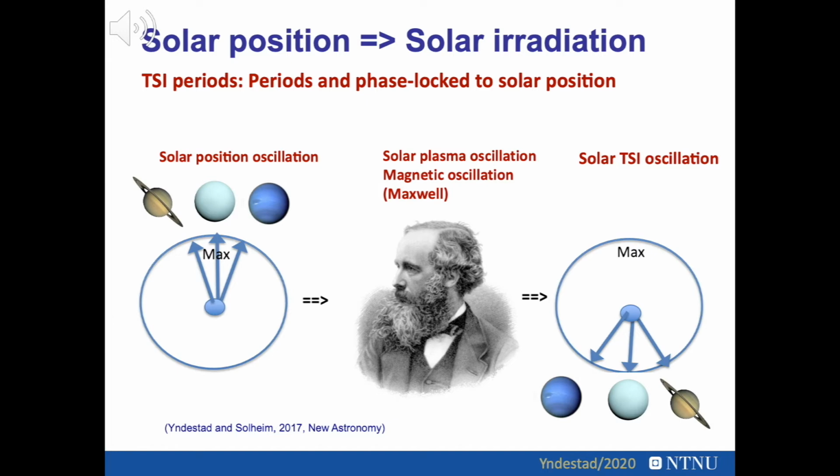The solar irradiation is related to the solar dynamo speed, the solar position speed, and the planet position speed. The solar position has a maximum speed when the 4 planets have a perihelion at the same time. And changes in the high speed give maximum effect according to Maximus' law.